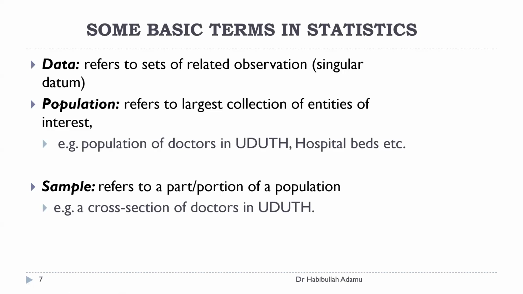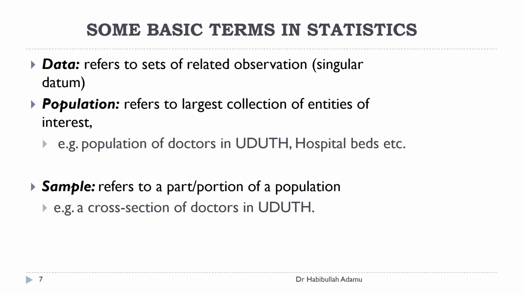If you are interested in studying the whole students of a school, that means your study population now becomes all the students of that school. If you are interested in studying children under 5 years in a local government, your population becomes children under 5 years of that particular local government because they are the ones you are interested in studying.